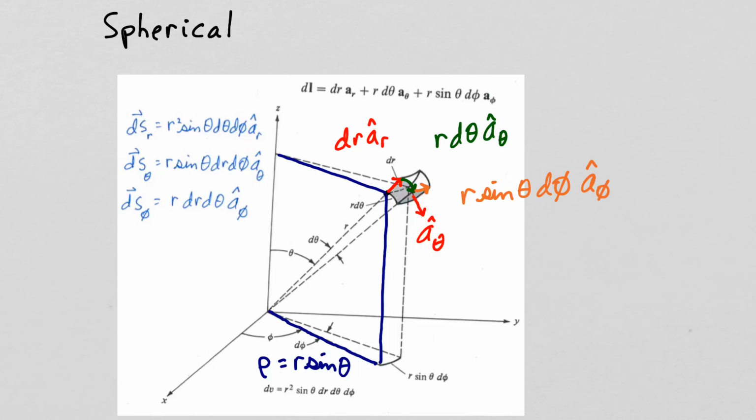Here's our unit vector in the theta direction, so this surface area will be dr times r sine of theta d phi. Here's our unit vector in the phi direction, so this surface here will have area dr r d theta.